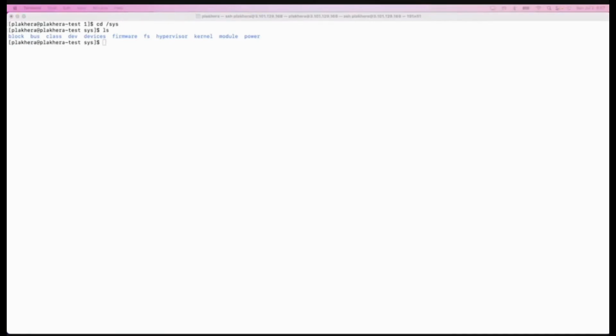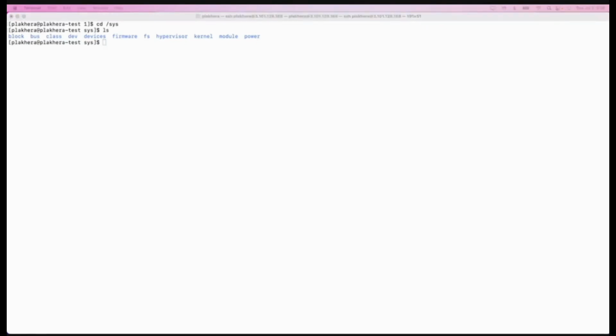System can be the devices connected to your system, all the device drivers, which we spoke about yesterday. A device driver is something like, if the kernel needs to talk to some hardware, it will talk using the drivers, which we call a module in the case of Linux. So this directory holds all your hardware device information at a high level.